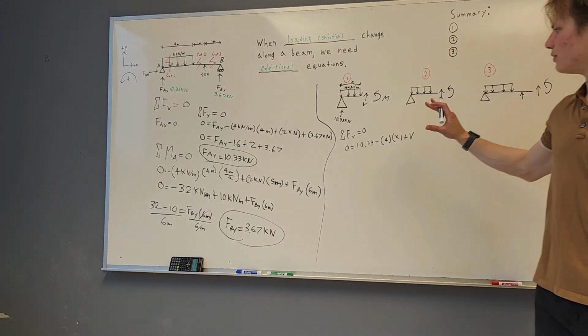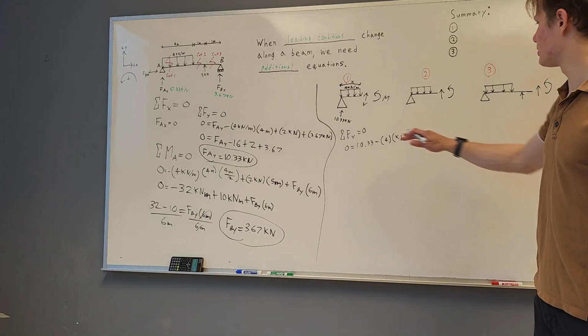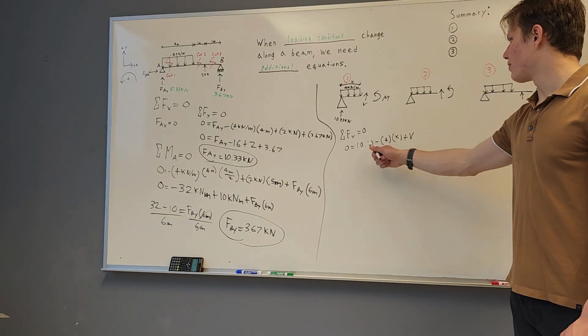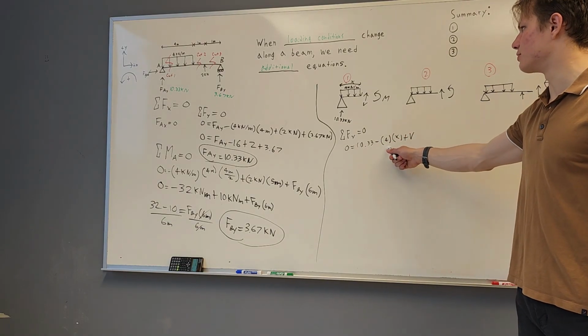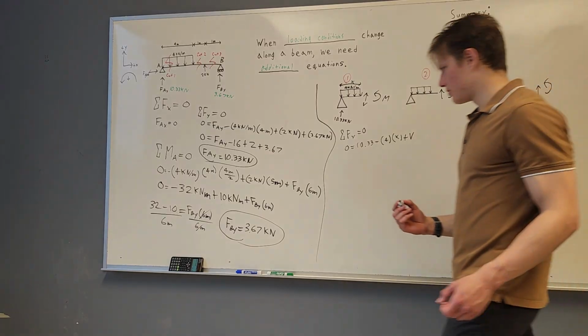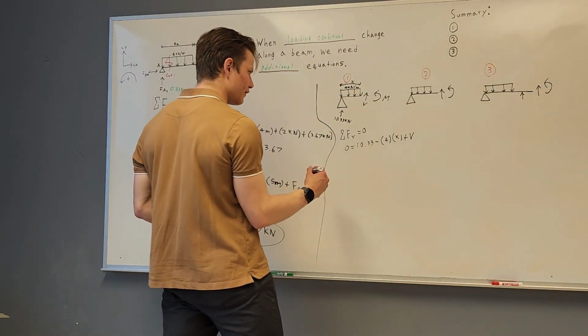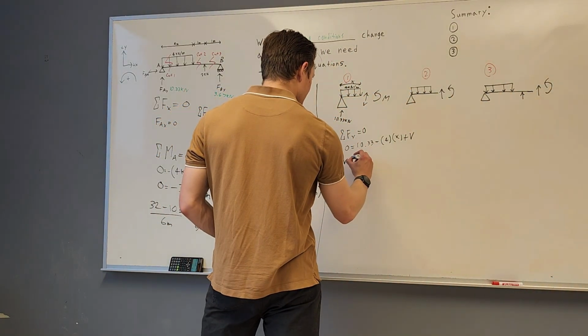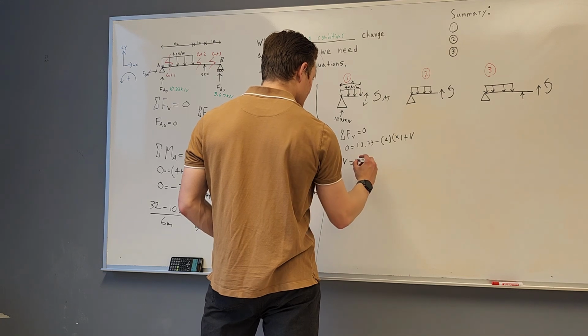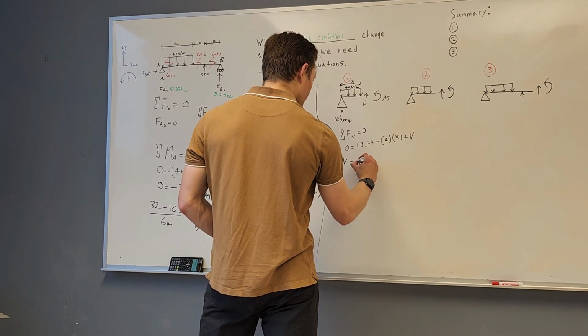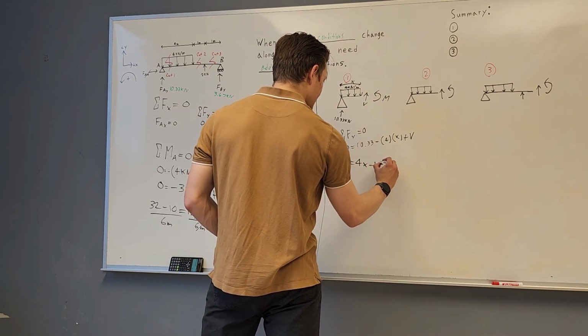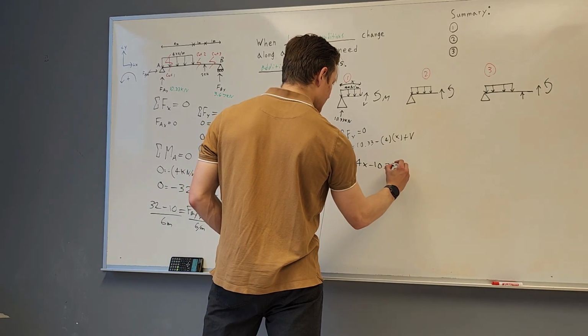I'm going to leave units out of this one, just to simplify it, but this is in kilonewtons and this is kilonewtons per meter. So then we rearrange for V, and we get V equals 4x take away 10.33.